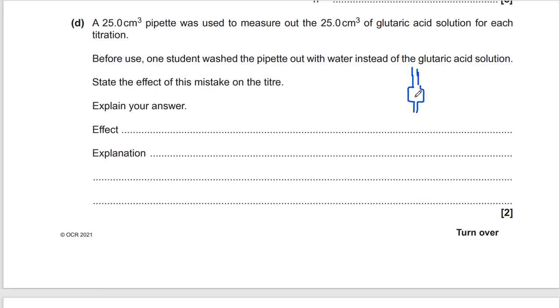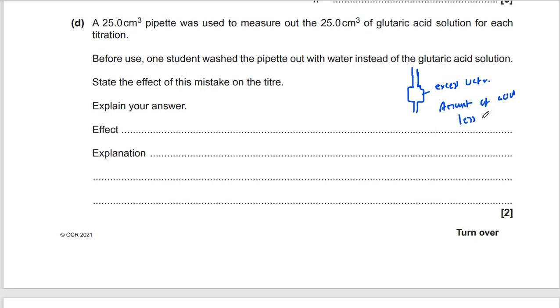If you wait a long time, it'll get dry, but in the pursuit of practical, once you've rinsed it out, there'll be a bit of residual water in there. And therefore, when you suck up another 25 mil, there'll be some excess water in the pipette. If you've got excess water, then the amount of acid will no longer be 25.